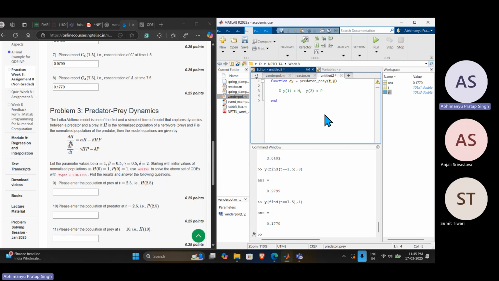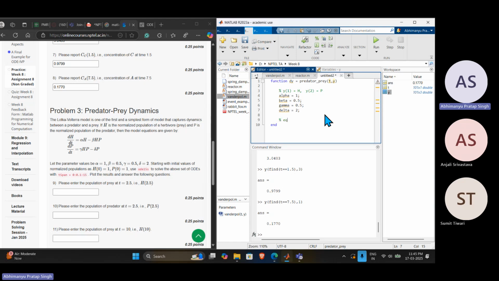I have 4 parameters. So I will first write those values: alpha, beta 0.5, gamma 0.5, and delta is 2. Okay.